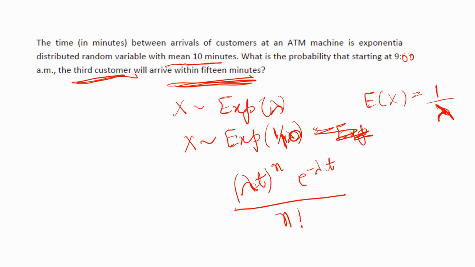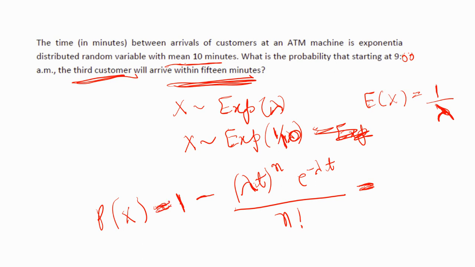Okay, lambda we know is the parameter, and n is the number of customers. And you must remember, in the case of exponential, what is F(x)? It is 1 minus e to the power minus lambda x. So it is 1 minus this. So this will be the probability of x which we want to find.